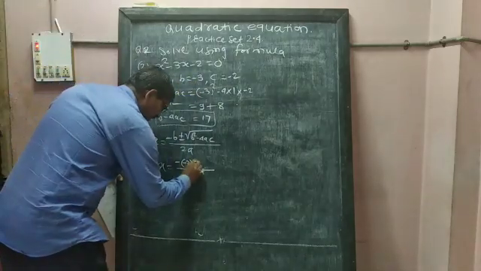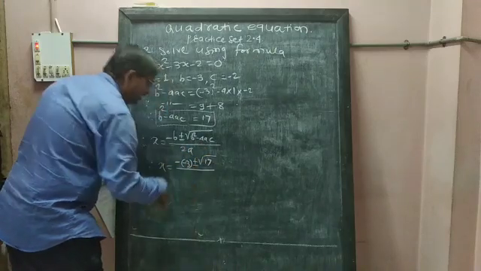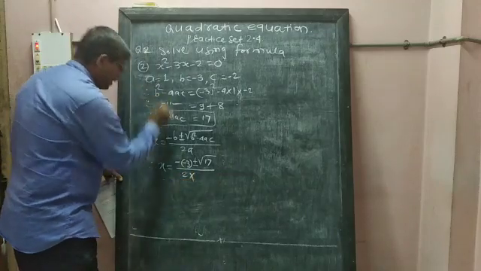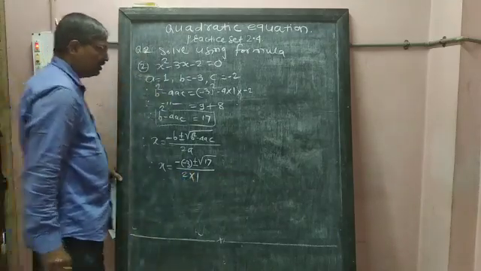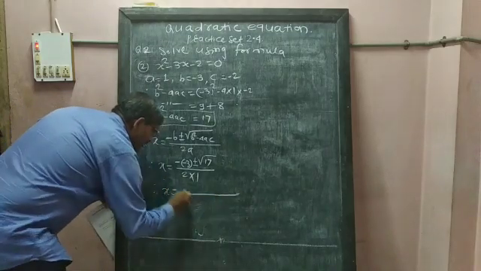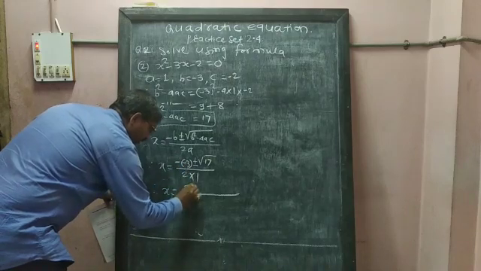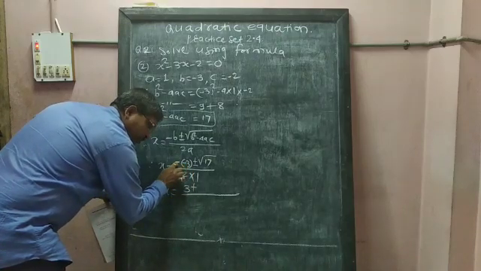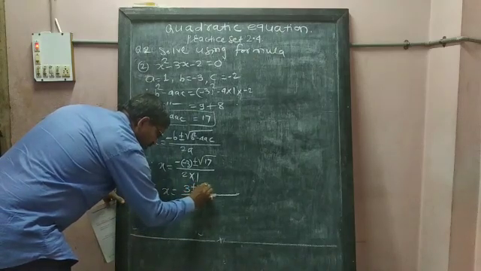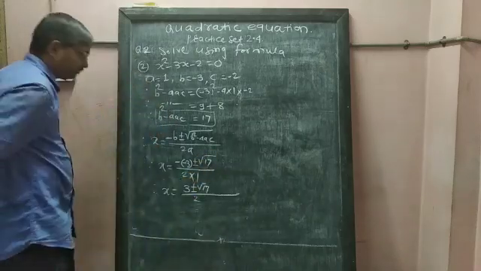Then plus minus under root b square minus 4ac means 17 is calculated, and 2 into a, a means 1. Thus x is equal to positive 3, minus 1 into minus 3 means positive 3, plus minus under root 17, and 2 1s are 2.